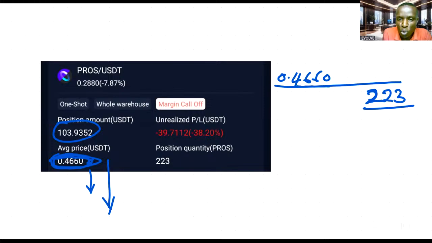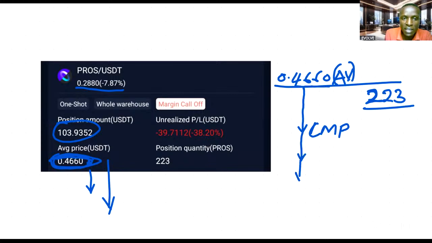So the moment you buy, this becomes your average price. You open the position at this price. Now, when the coin goes down, every time this price here reduces, whenever the current market price goes down, the negative here increases.